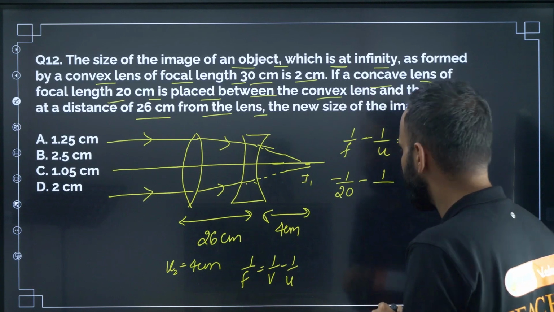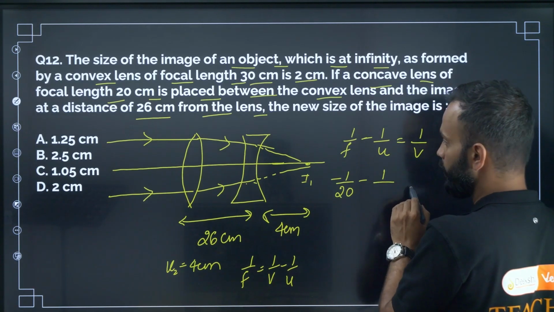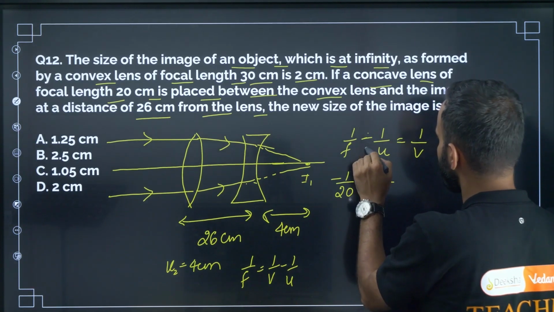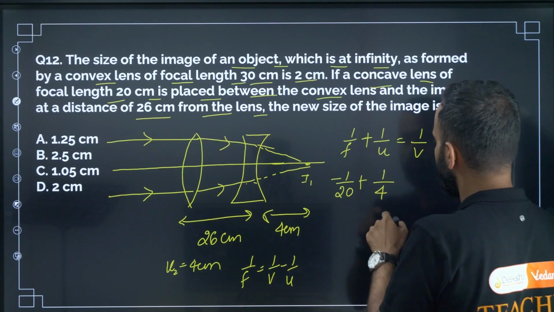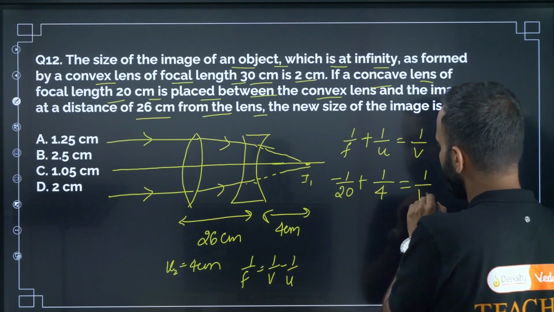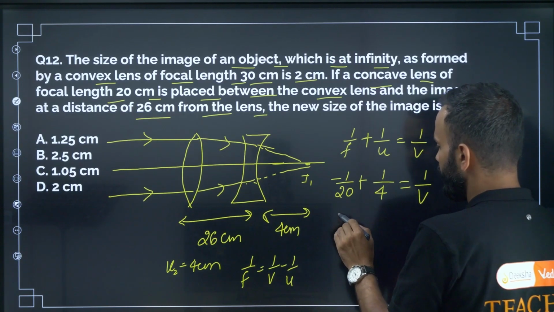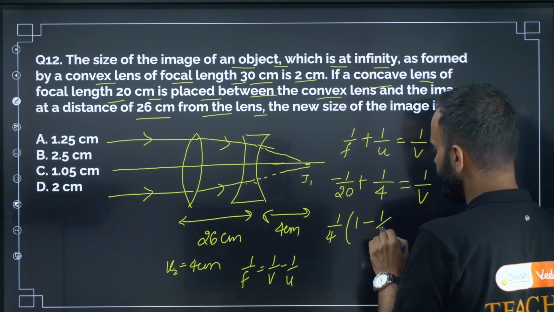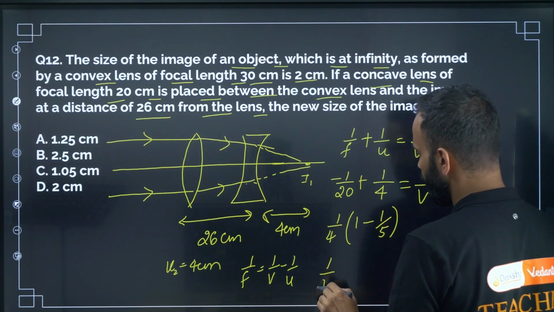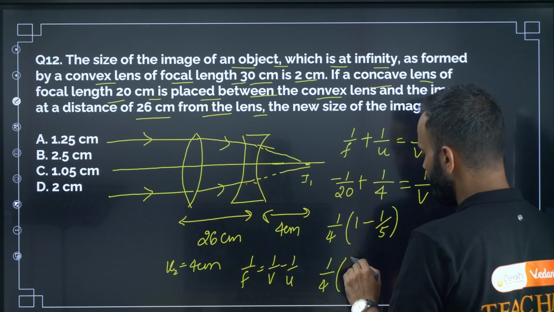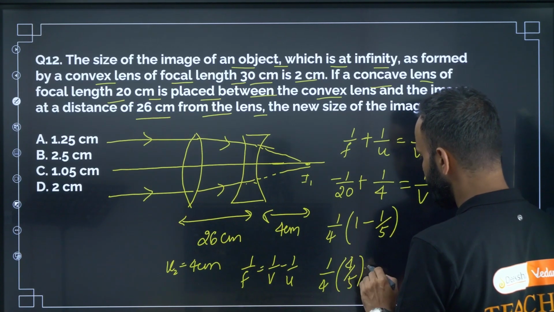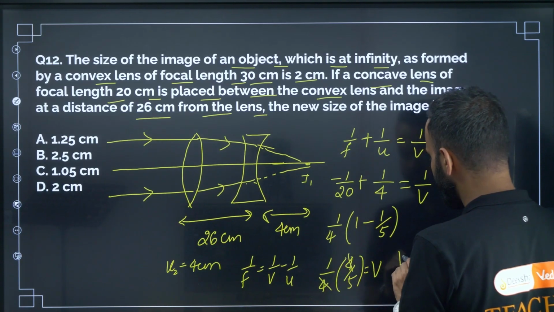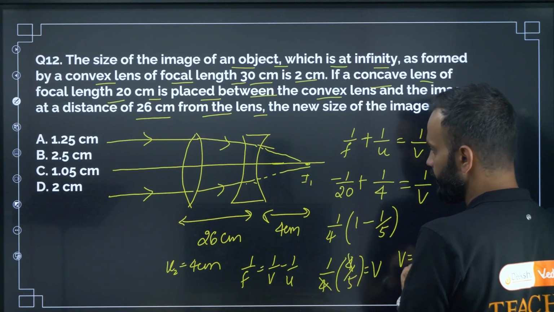So minus 1 by 4, this is plus 1 by 4, is equal to 1 by V. Now take 1 by 4 as common. So this will be 1 minus 1 divided by 5. So 1 by 4 into 4 by 5 equals V. So 4 will get cancelled. V equals 5 centimeter.